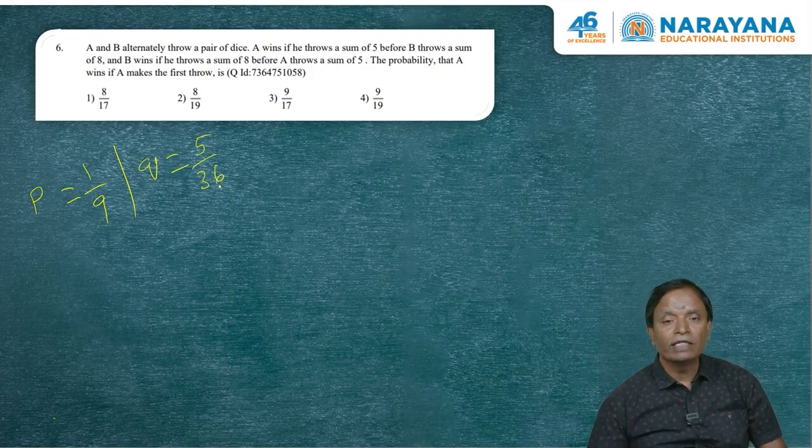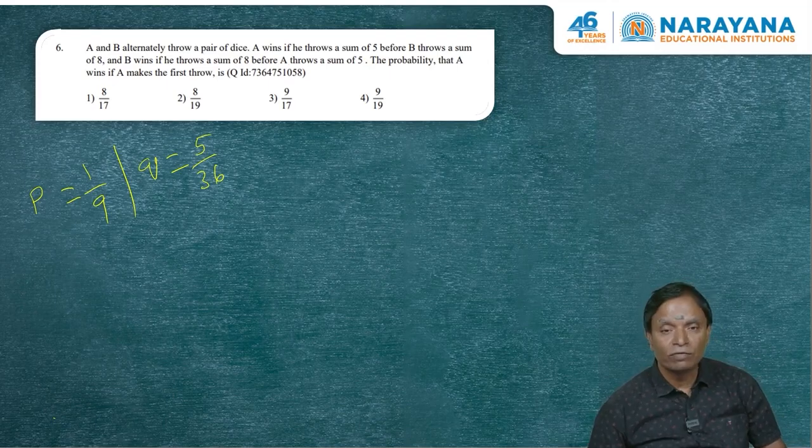Now, the probability that A wins if A makes the first throw: A will be getting the first chance, third chance, fifth chance, seventh chance, ninth chance, 11th chance, and so on. A can win in any chance he is getting.